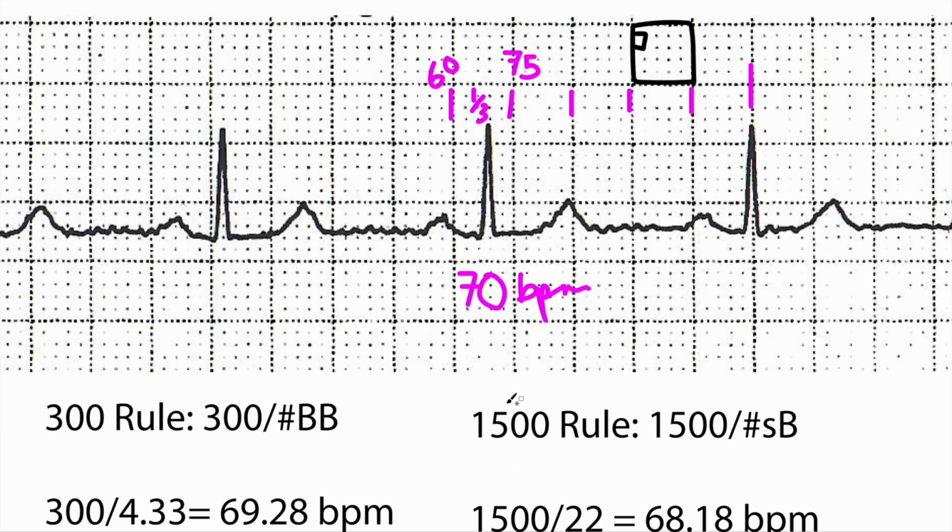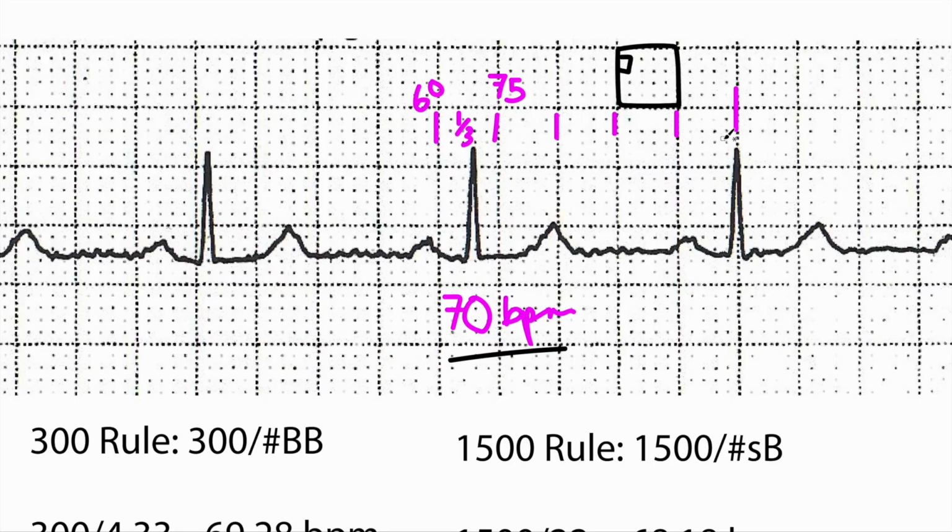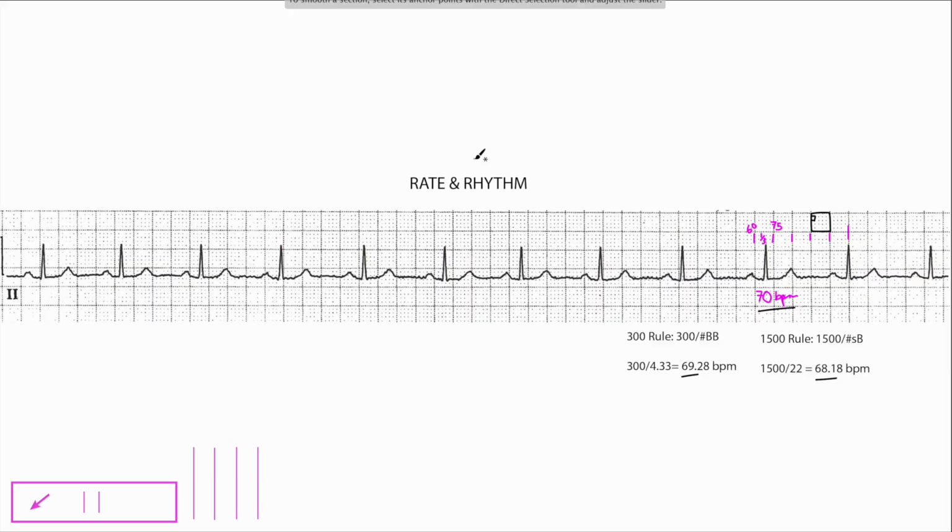So for the 1500 rule, you just take the number 1500 divided by the number of small boxes, and you get your beats per minute. Now here, there's a difference, right? Here we have 69, here we have 68, here we have 70. Is anybody going to care because of a 2 beat difference? Absolutely not. So the quick estimate using the 300 rule works just fine.